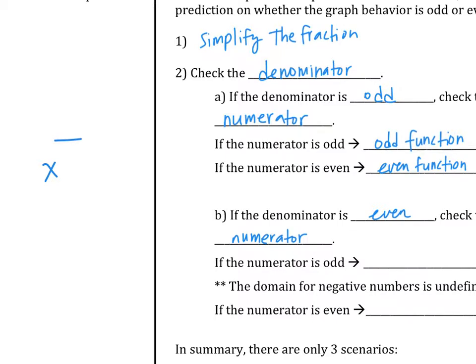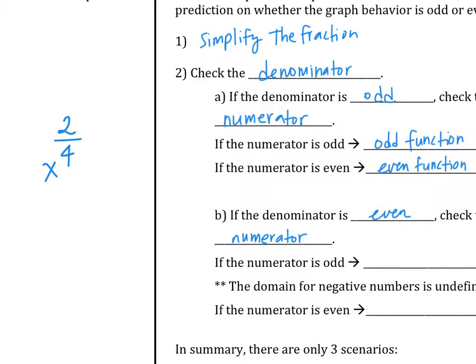Now, what happens if the denominator is even? So let's say the denominator is 4. Well, let's see. There's a few things that can happen. If that number in the numerator is even, that means you didn't simplify, right?